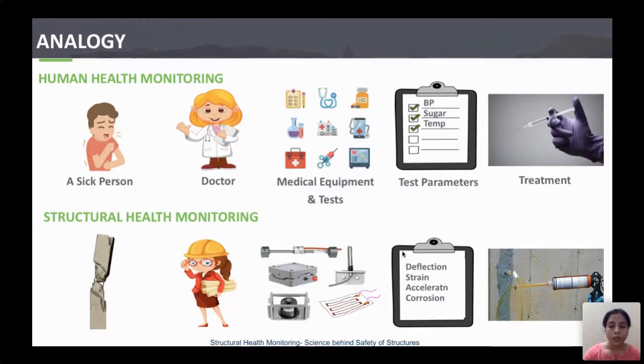These are the structural parameters which the expert will monitor and accordingly suggest a treatment for the structure, right? In this presentation, we will be confining ourselves to the sensors, techniques, and the different parameters. We'll not be talking about the treatment in this lecture, okay?